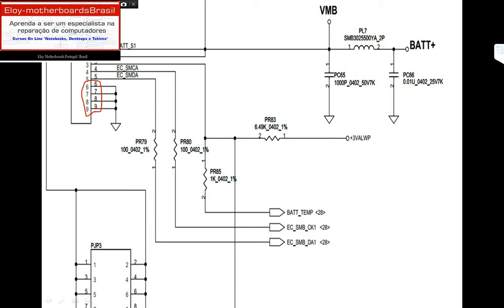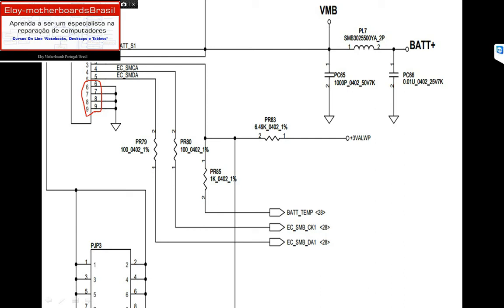Pin 2, what is pin 2? This is the communication signal that will bring all the communication to PJP3. Pin number 3 is the sensor pin, the temperature sensor pin of the battery.